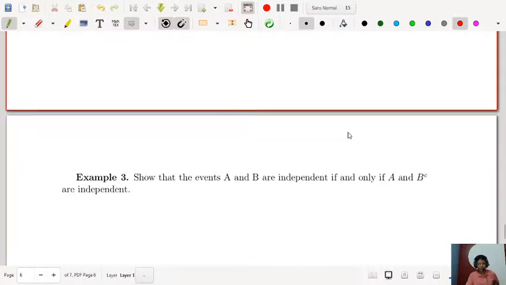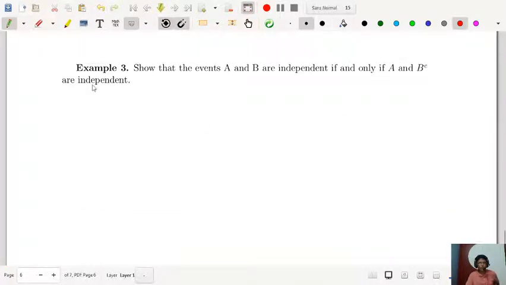Next, example 3 I am talking about. Show that the events A and B are independent if and only if A and B complement are independent, okay?